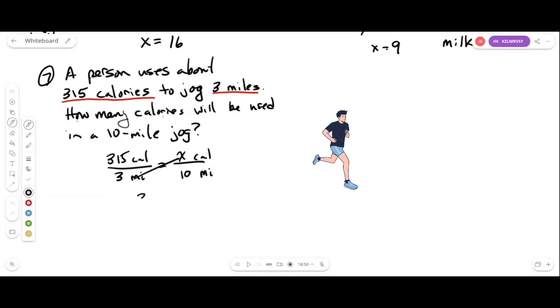Cross multiply. 3 times X is 3X. 315 times 10, it's 3,150. Divide by 3, divide by 3, we get 3150 divided by 3 is 1,050.